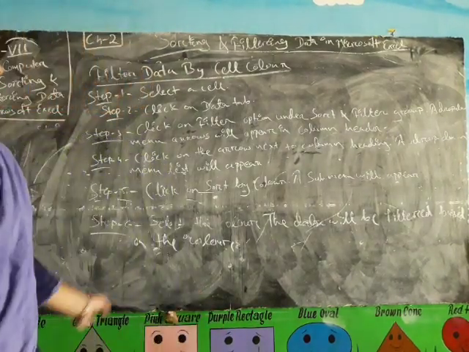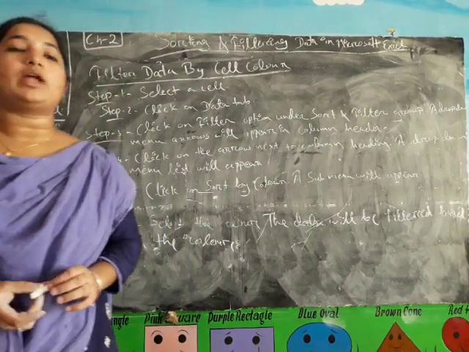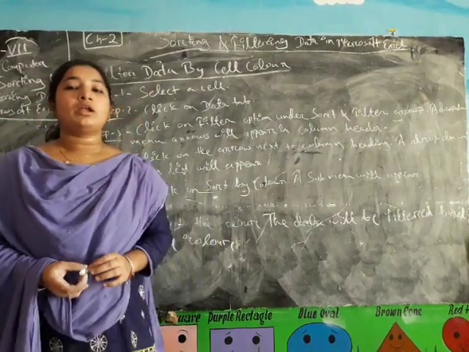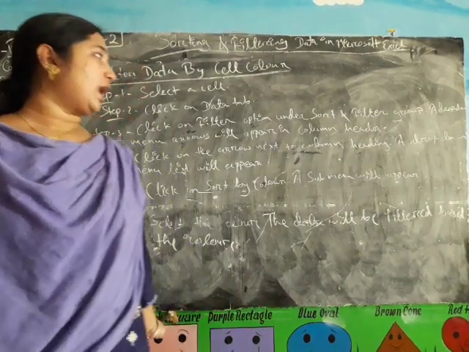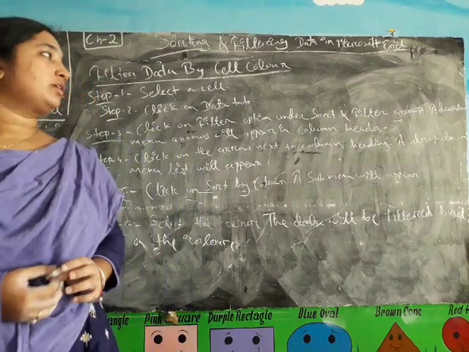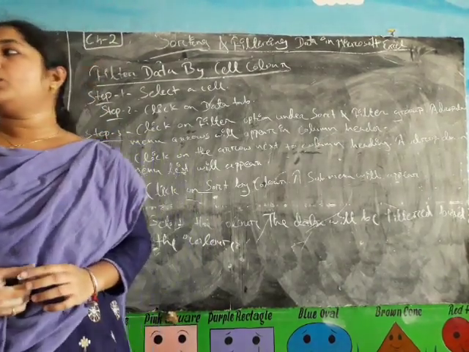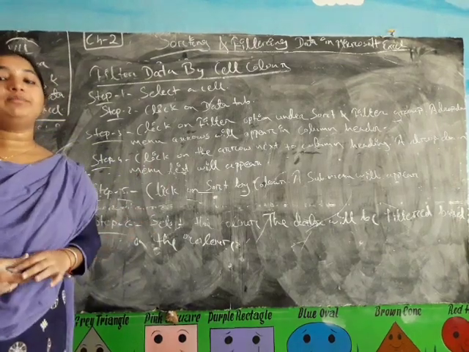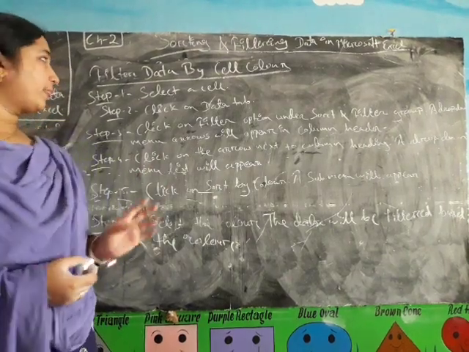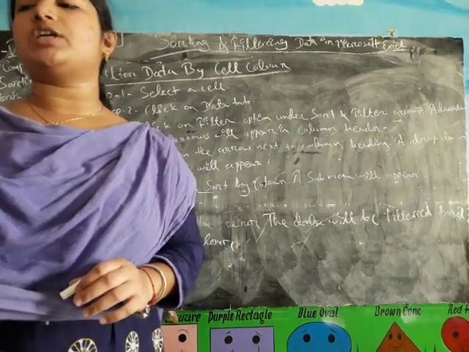Today I only tell you the steps, and if you have a computer or any laptop in your home, then go through these steps and try to do it by yourself. If any doubts, then ask me, and otherwise when the school opens, we will do all the steps in our lab. Then you can know easily how to do all the things, and your second chapter is over.